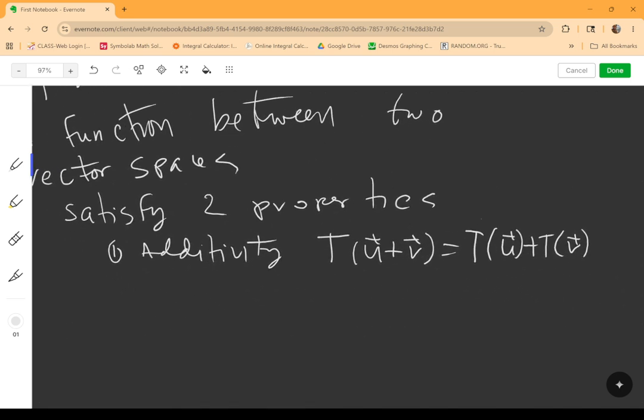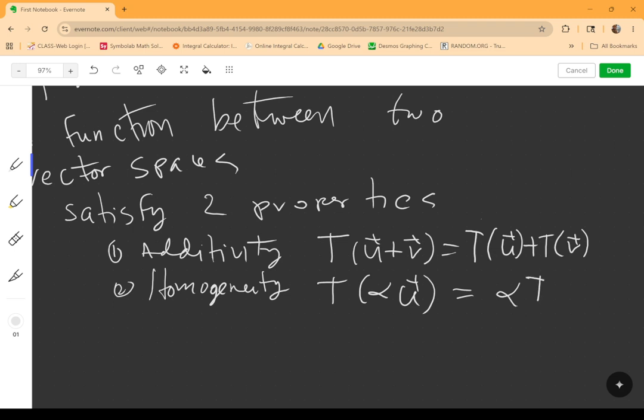And the second one is homogeneity, which is in regards to scalar multiplication: T of alpha u is equal to alpha T of u.